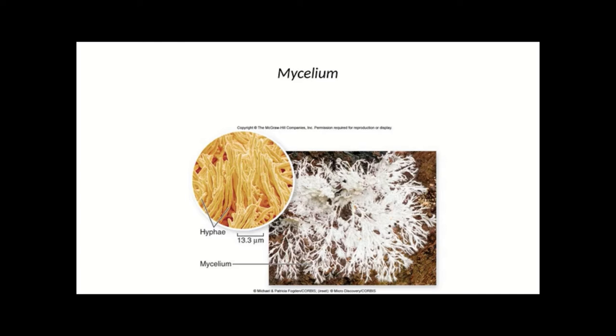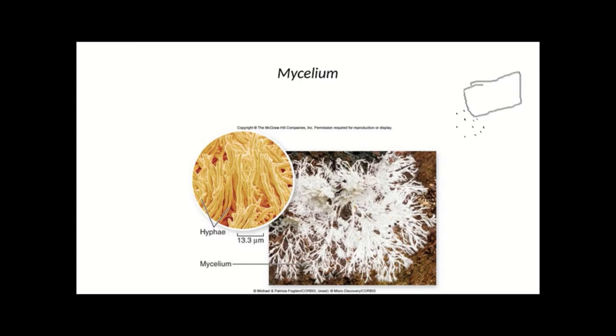And what they'll do is they actually do something kind of cool. So let me grab a pencil. So you've got a cell of a fungus, and what they're going to do is send out their enzymes, like what we would use to digest.